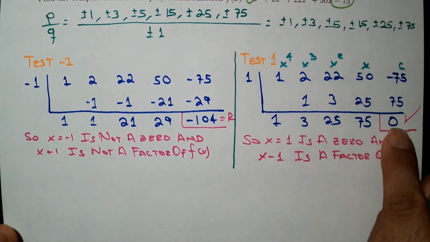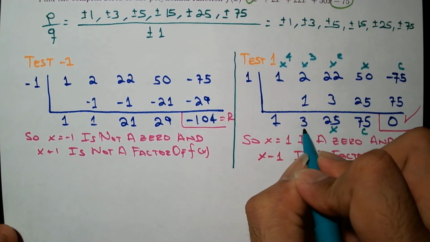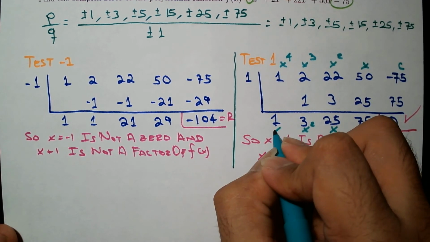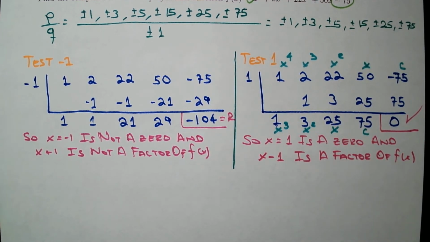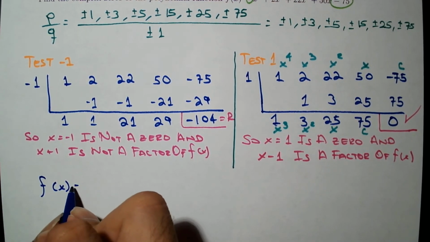Now this is the remainder, which we don't care about, constant, linear, quadratic, and cubic.